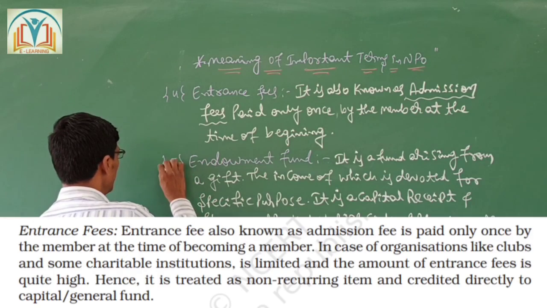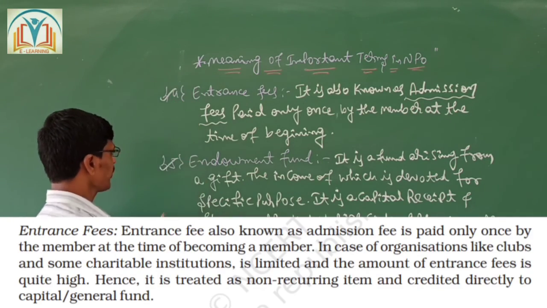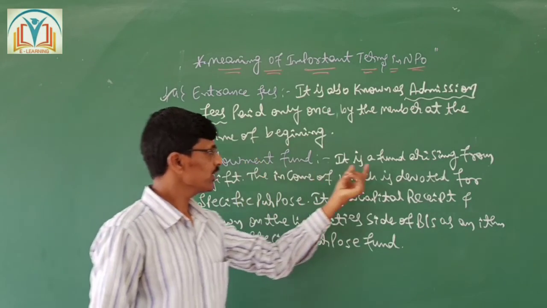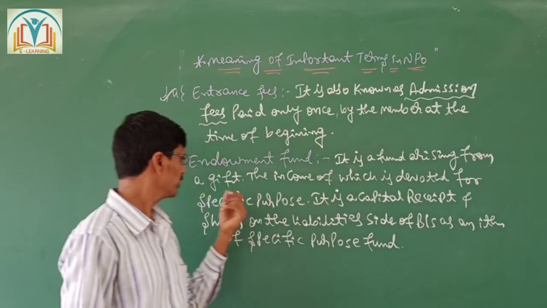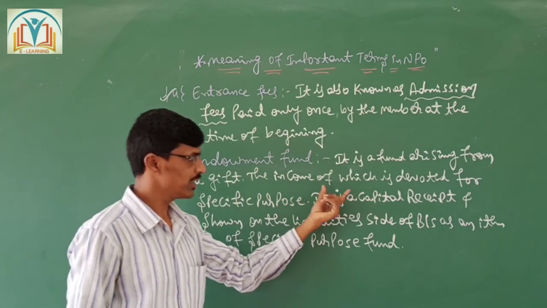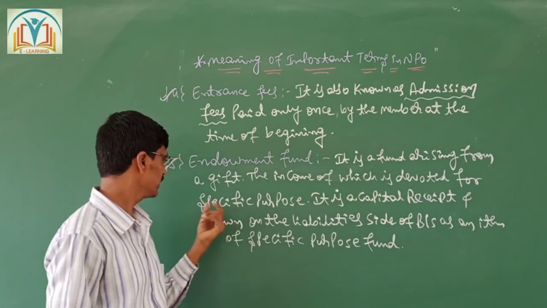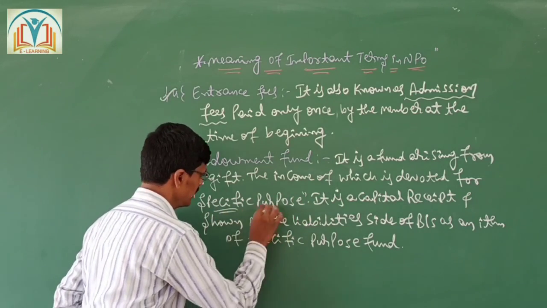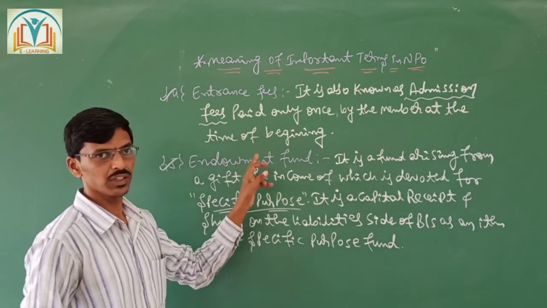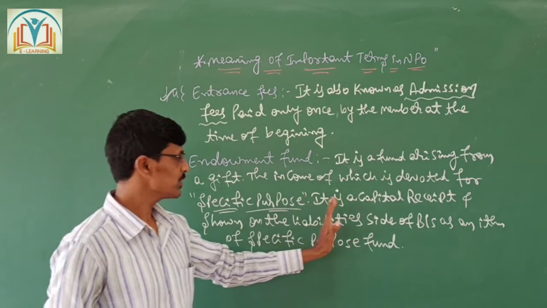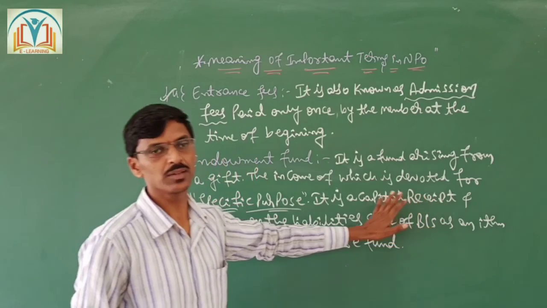Then the fifth is endowment fund. It is a fund arising from a gift, the income of which is devoted for a specific purpose. It is a capital receipt.